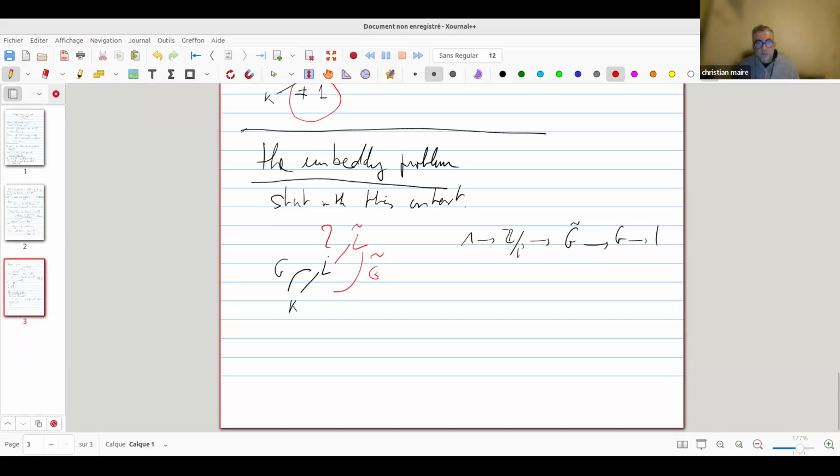So we start with a given extension L of K of Galois group G, and we want to solve the embedding problem.